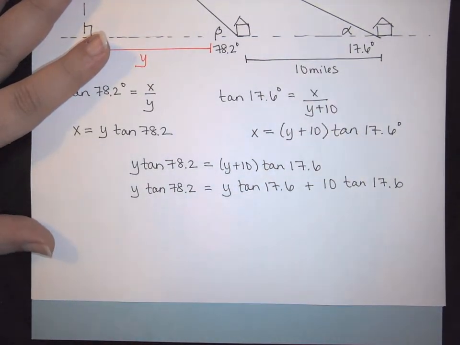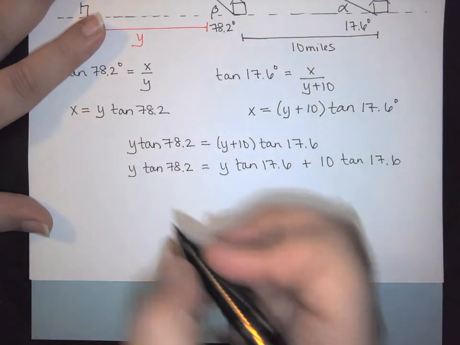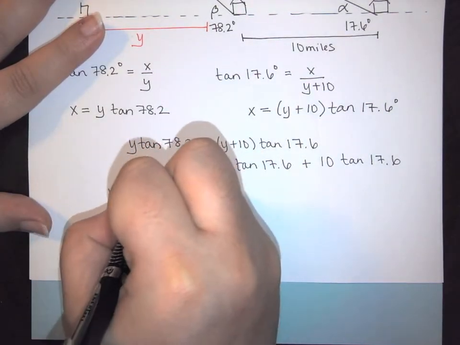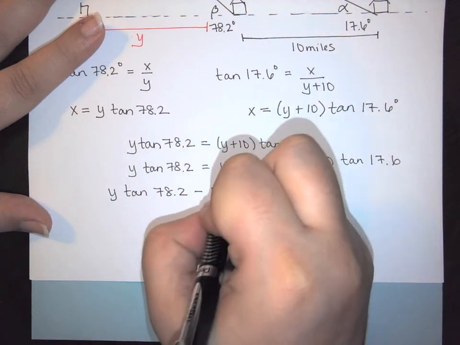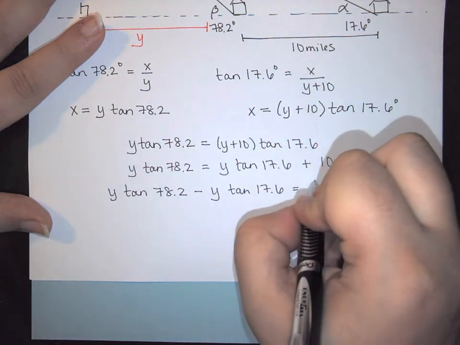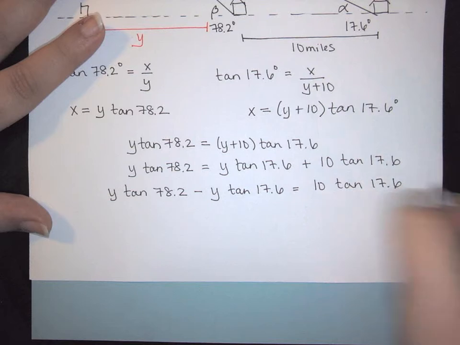So if you notice, we're pulling on some of these basic algebra concepts. So we're going to move that Y over. So we have Y tangent of 78.2 minus Y tangent of 17.6 is equal to 10 tangent of 17.6.